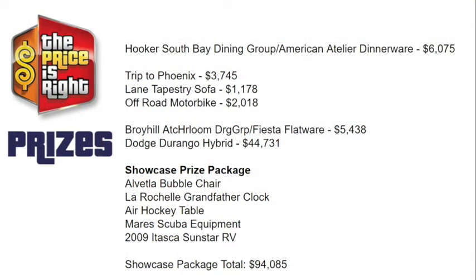And just to wrap up, these are the prizes that I've won in today's game. I won the Hooker South Bay Dining Group dinnerware package worth $6,075, a trip to Phoenix valued at $3,745, a Lane tapestry sofa valued at $1,178, an off-road motorbike valued at $2,018.